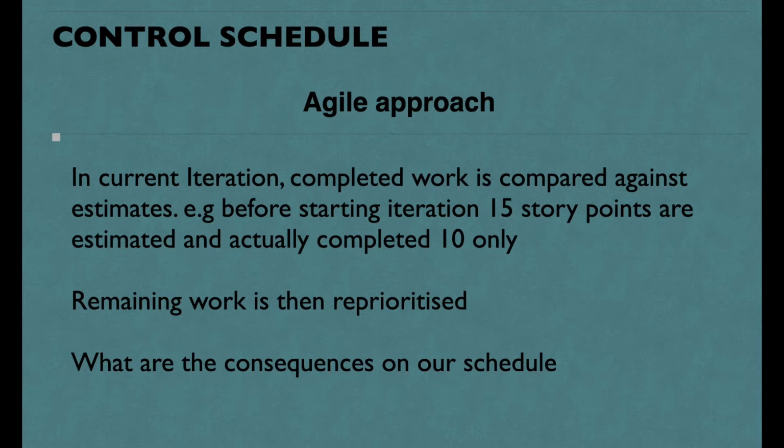So this is the agile approach. We control schedule by comparing how many activities we selected before starting the iteration and how many story points we completed at the end of the iteration.